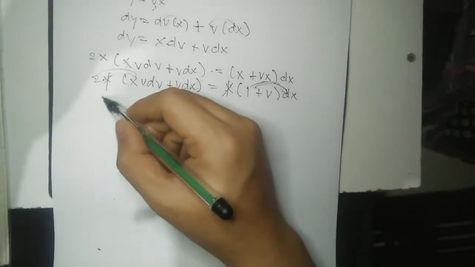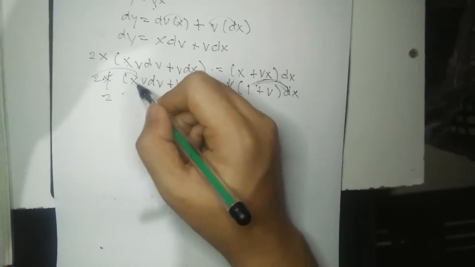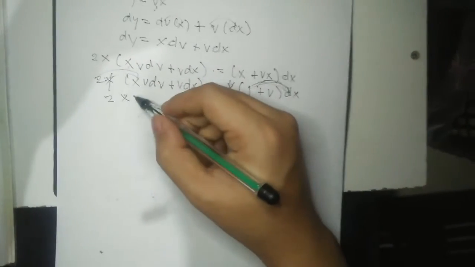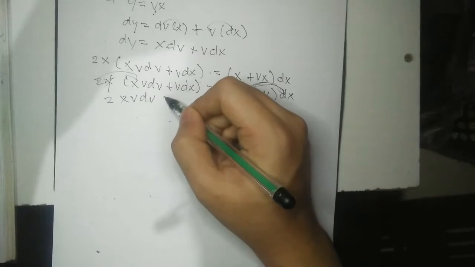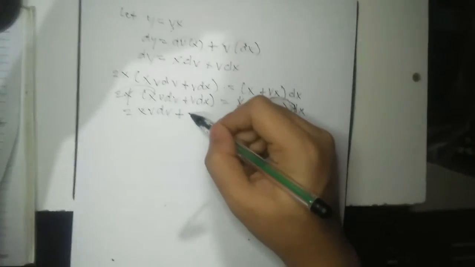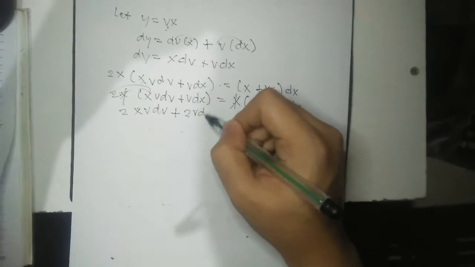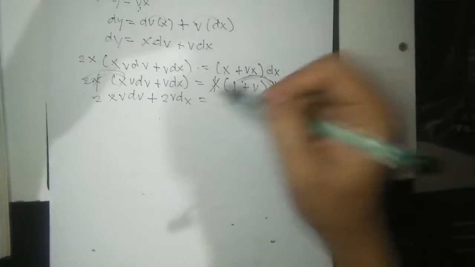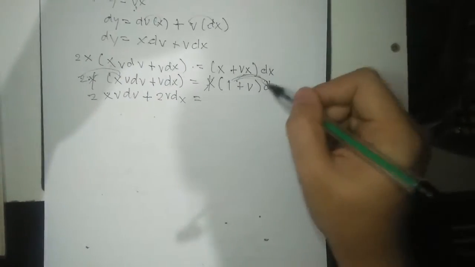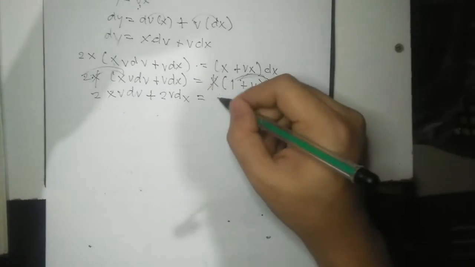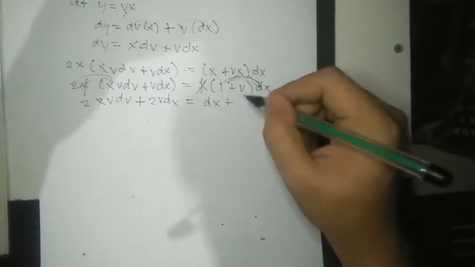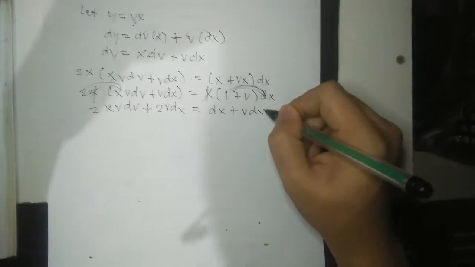This will become 2x v dv plus 2v dx equals 1 times dx, which is dx plus v dx.